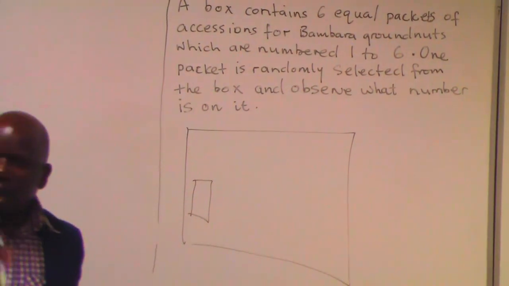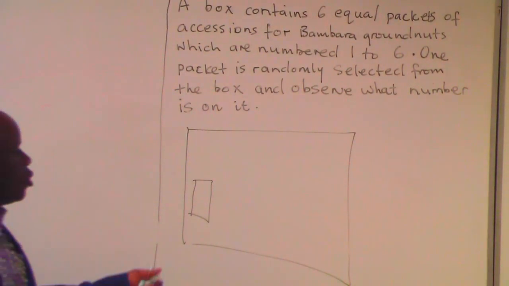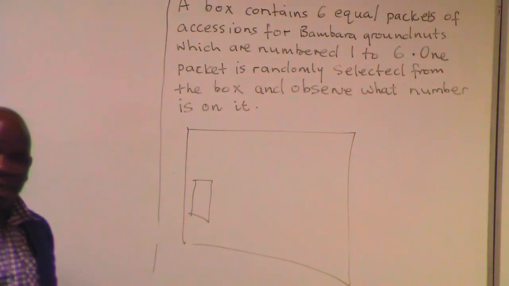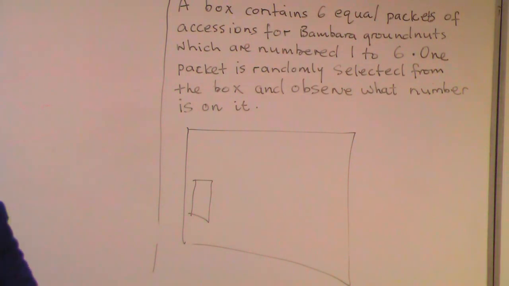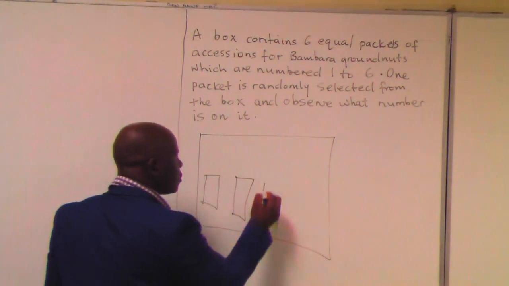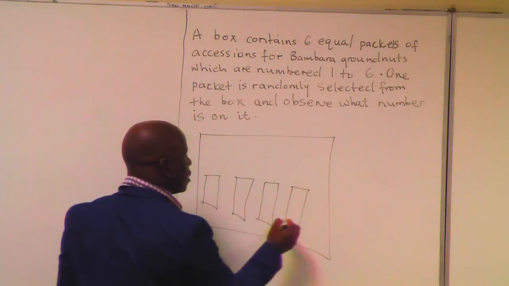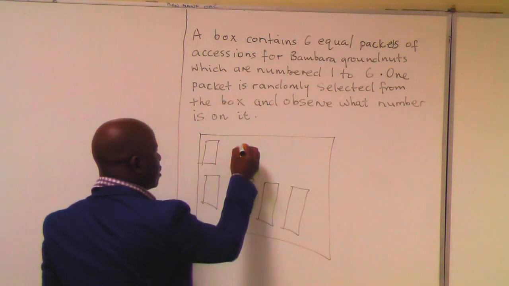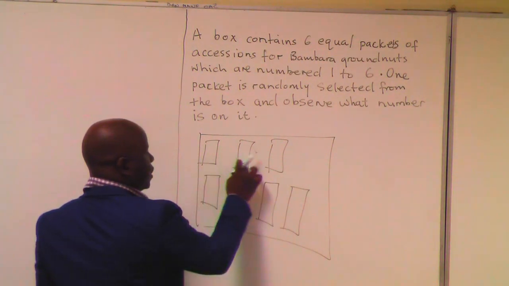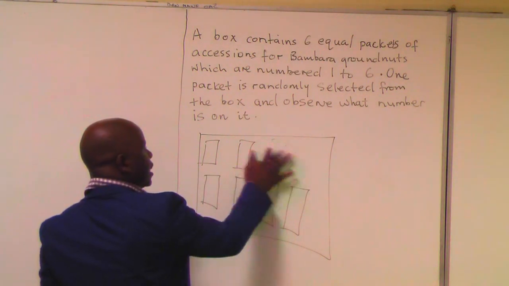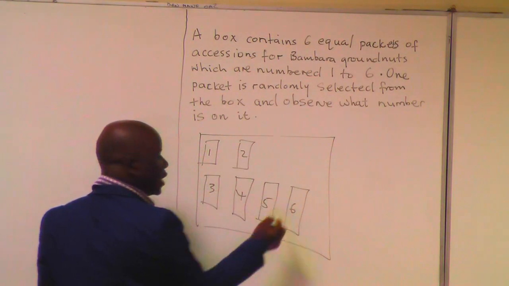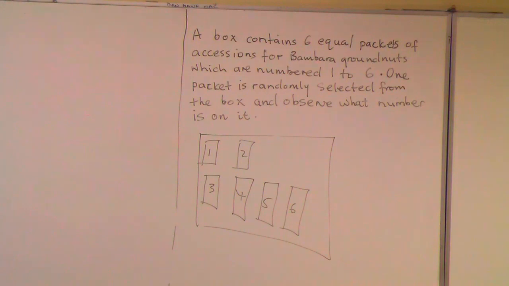The idea of the packets being equal is to show you that picking a particular packet is equally likely, so there is no bias. The packets are 6, numbered 1, 2, 3, 4, 5, up to 6. So this is the scenario that we have.